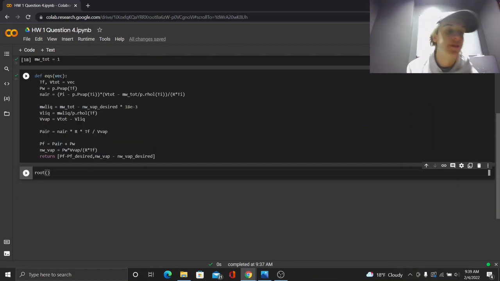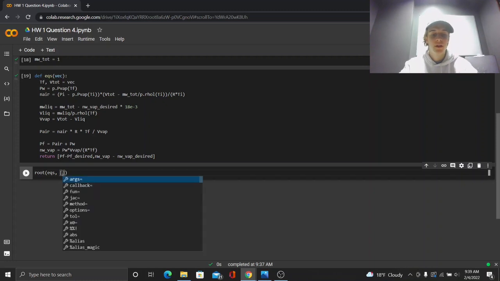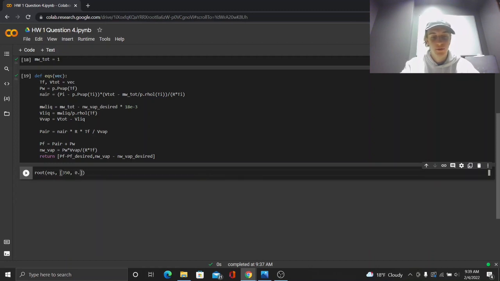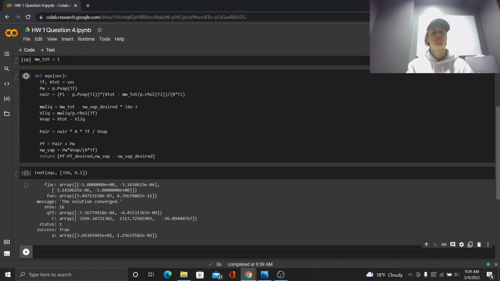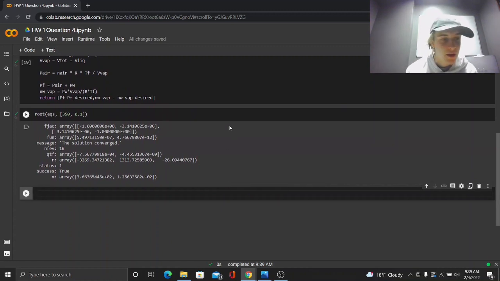Finally, we can use our SciPy root solver to solve the equation, and we have to supply an initial guess. So I'm going to say like 350 for the temperature and 0.1 for the volume. And here are the answers.